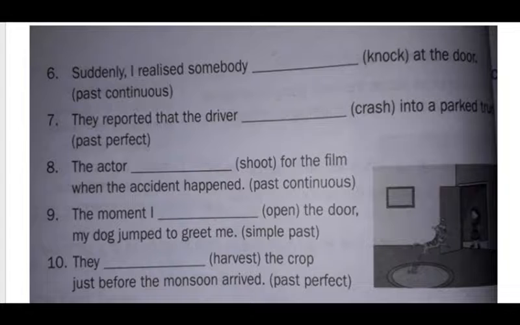So suddenly I realized somebody was knocking at the door. See, indefinite pronouns like somebody, anybody always agree with a singular verb. That is the reason I have used was here.